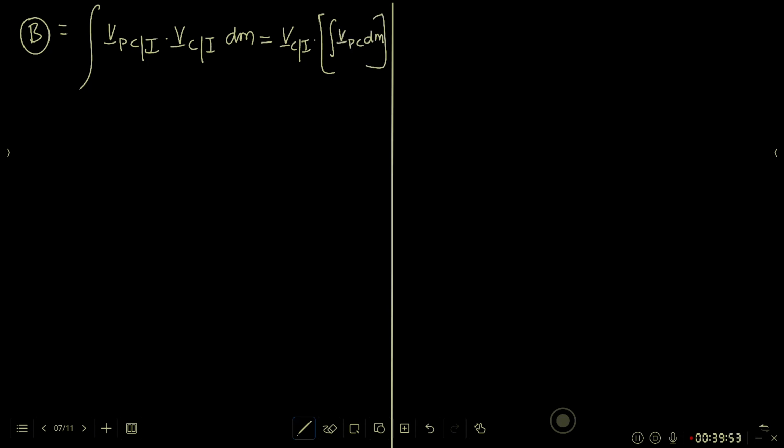When we were deriving the modified Euler second axiom, we came across such an expression.